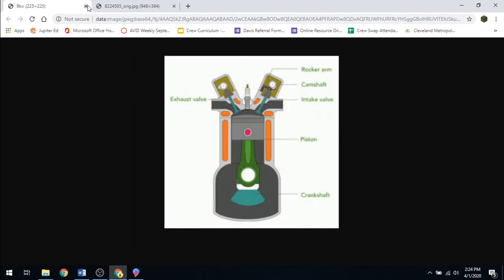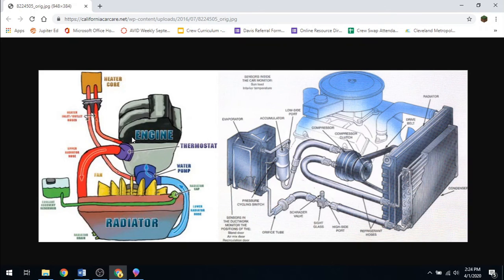I don't think I'm explaining it terribly well, but typically in an internal combustion engine, you have fluid that comes out of the engine. This is not gasoline or oil, but a coolant. The engine heats up the coolant, which then goes into the radiator.